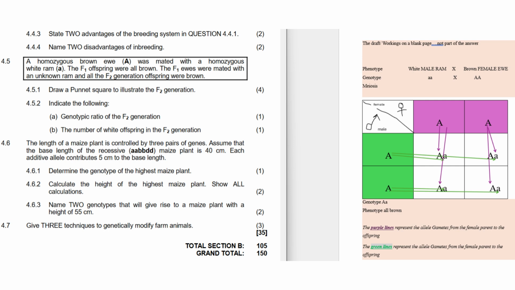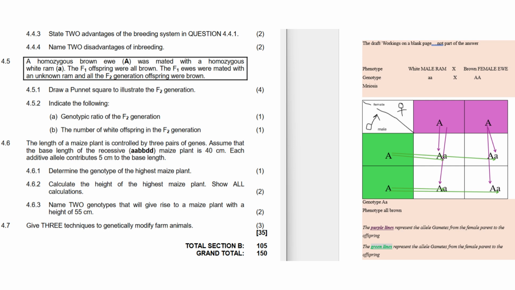Interesting question: unknown ram means you don't know the genotype of this ram. All the F2 generation offspring were brown. This has to be a tricky question, so we are going to work it out step by step. Because of this, we are not going to write the phenotype and genotype yet. Let's get right into it, because the principle is the one they are going to mark.